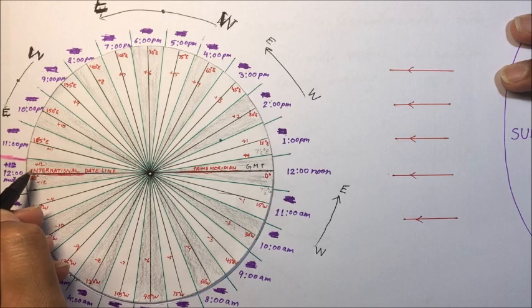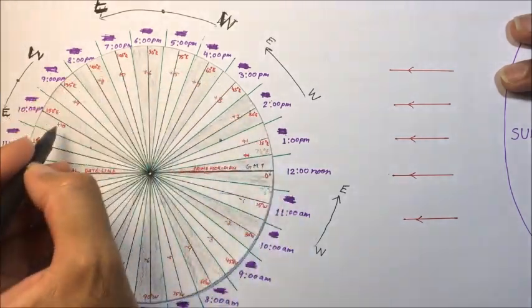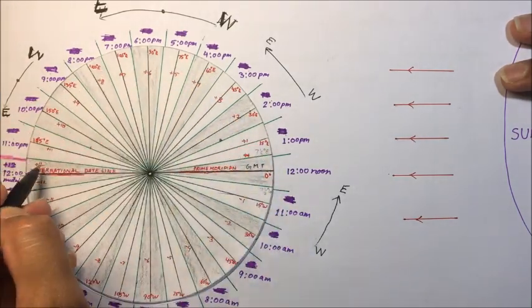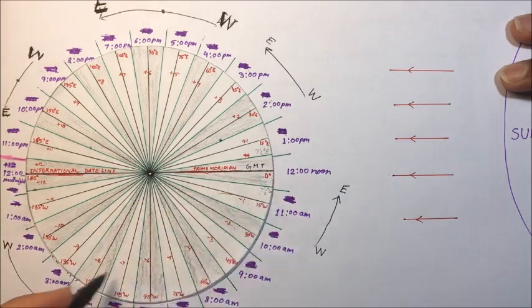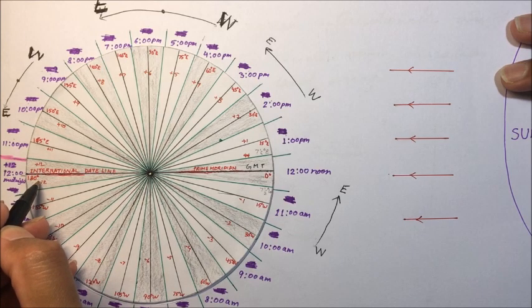Plus 12, minus 12, there will be a difference of 24 hours. If we move eastward, we will be ahead by 12 hours at this point. If we move westward, we will be behind by 12 hours. So there will be a difference of 24 hours, or we say a difference of 1 day.